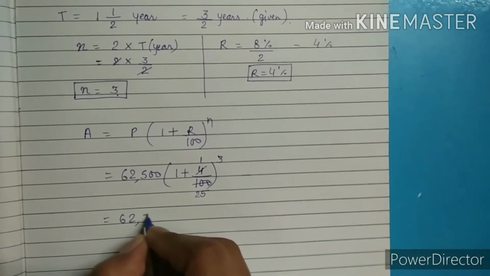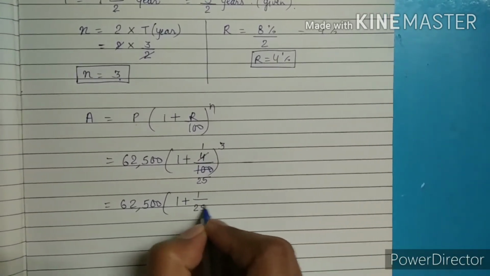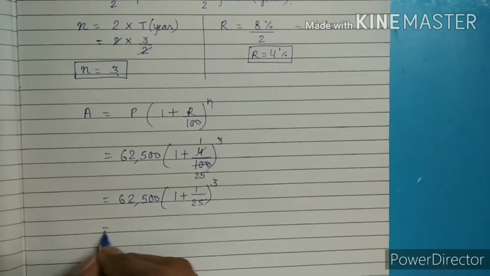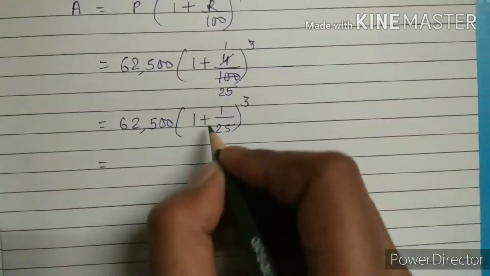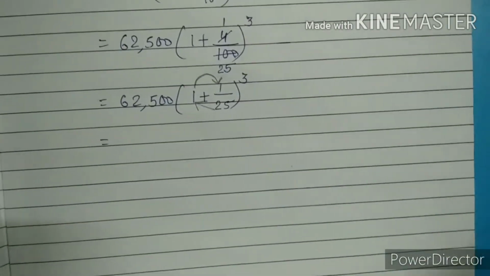So 62,500 will become 1 plus 1/25 whole power is 3. So 25 1 is 25 plus 1 is 26.